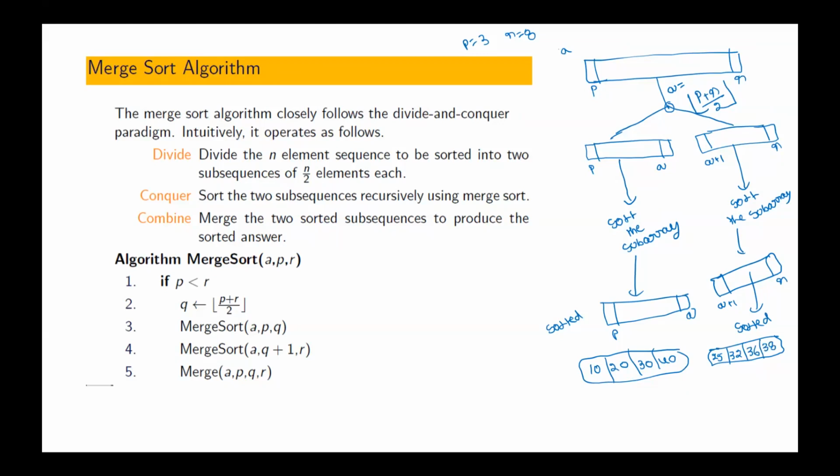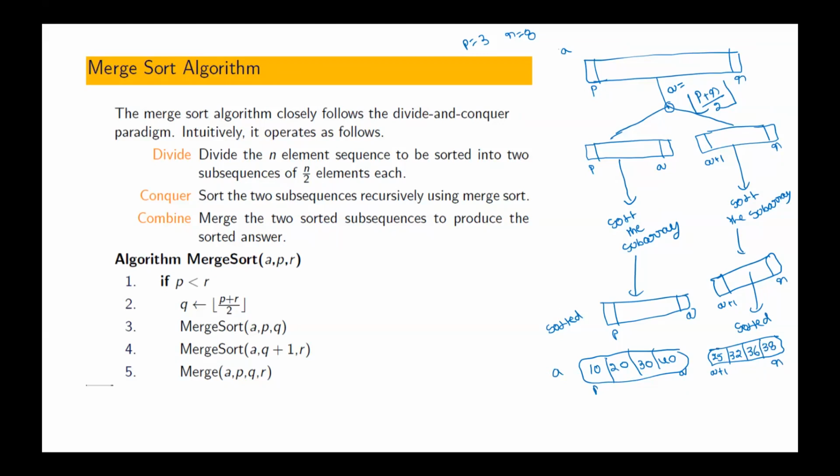After that, what is it that we need to do? Whether the result will be automatically in sorted order. Combine the individual solutions. Here it is Q plus 1 to R. If I take the array A[P..R], is it in sorted order? No. Then what do we need to do?